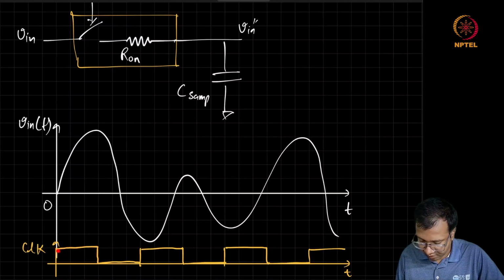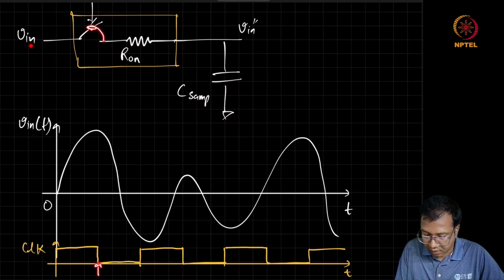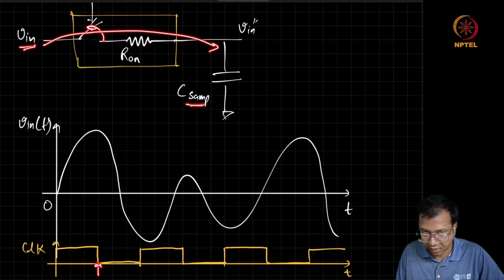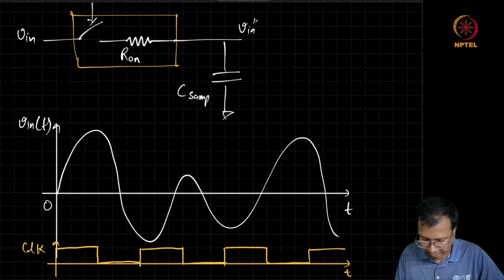So when the clock signal goes high, the input tries to reach the capacitor output, and at the instant when the switch is turned off, the value of V in is going to get sampled across this sampling capacitor.